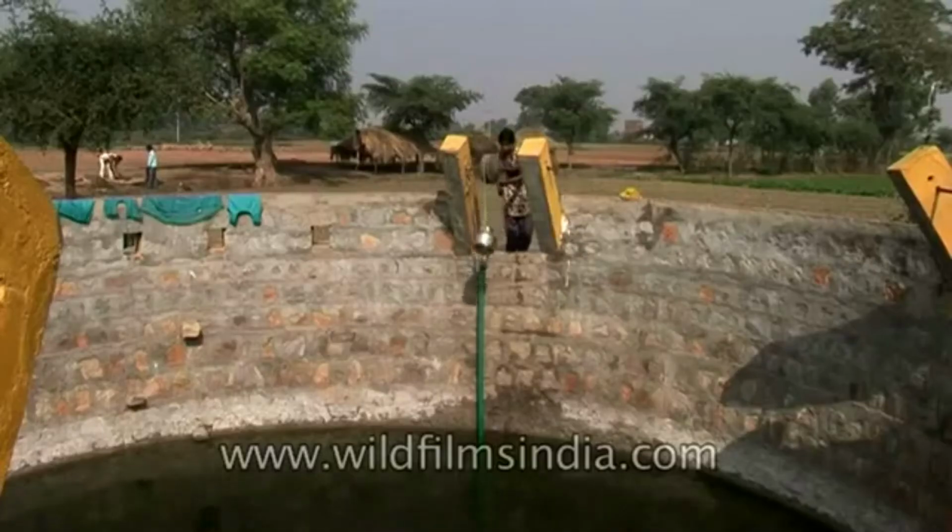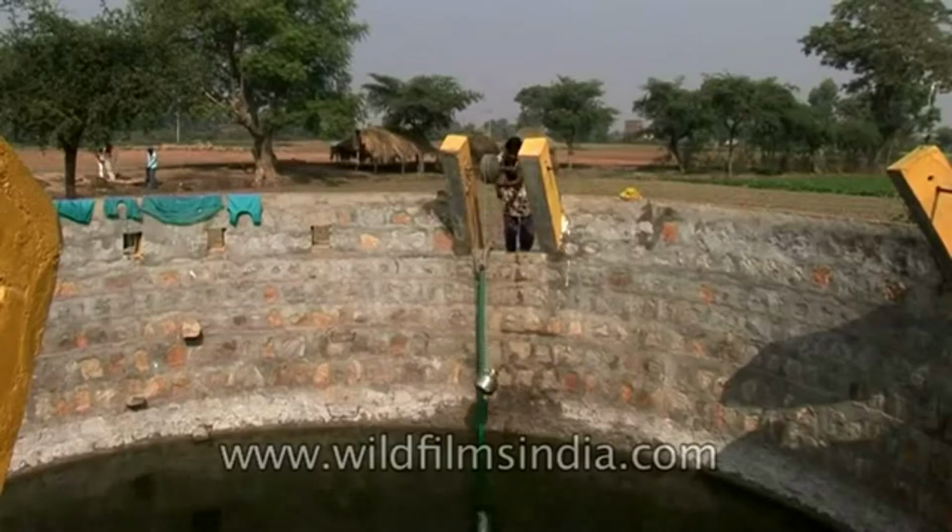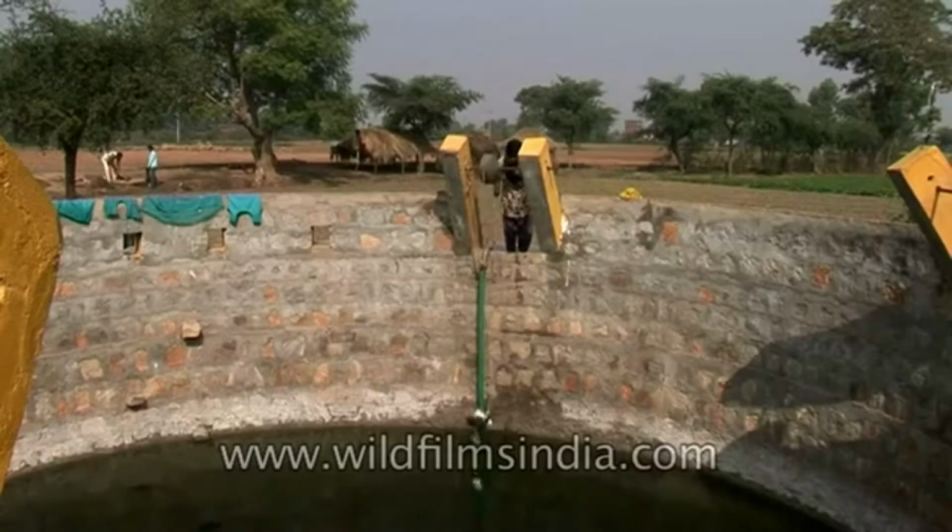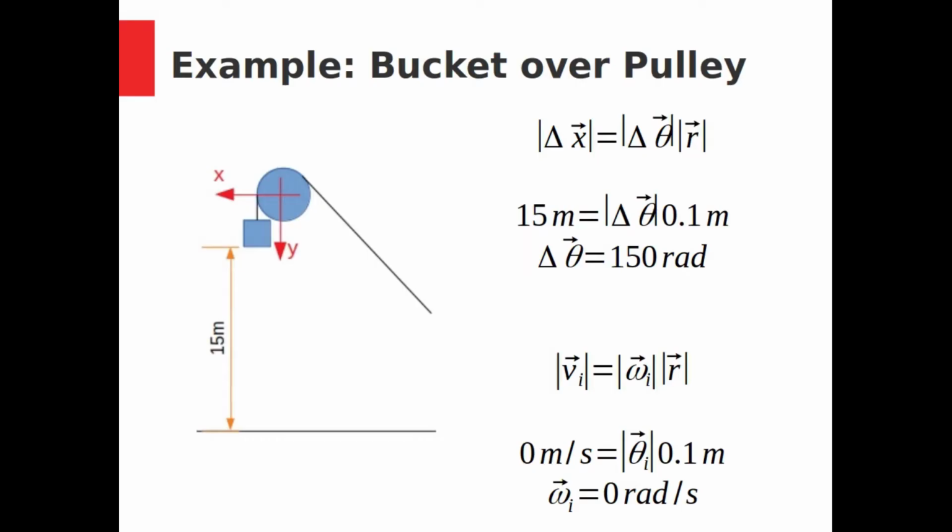Let's try an example. Here we see a pulley wheel with a radius of 0.1 meters. Originally, the bucket is standing still, but it descends a distance of 15 meters in 8 seconds. What is the angular velocity and acceleration at the time that it strikes the surface of the water? We were given a linear displacement, an initial velocity, and a time.